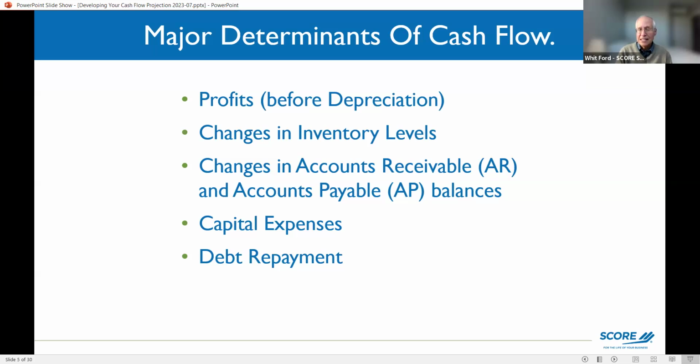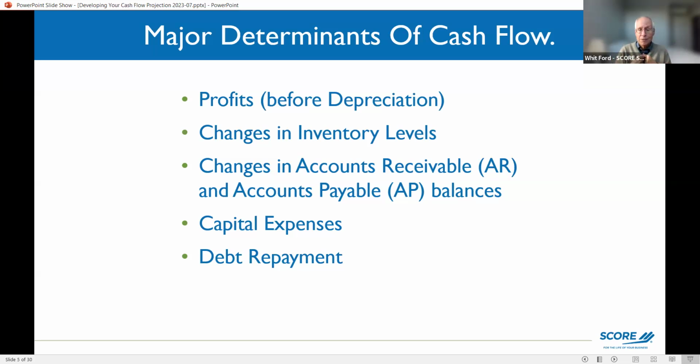And then a frequent sneaky confusion about cash flow is debt payments. Every time you make a debt payment, typically, not always, but typically the payment has two parts to it. Part of it is an interest payment, and the other part of it is a principal payment. The interest payment is an expense on your income statement, but the principal payment is not. You're just returning money that you received previously.